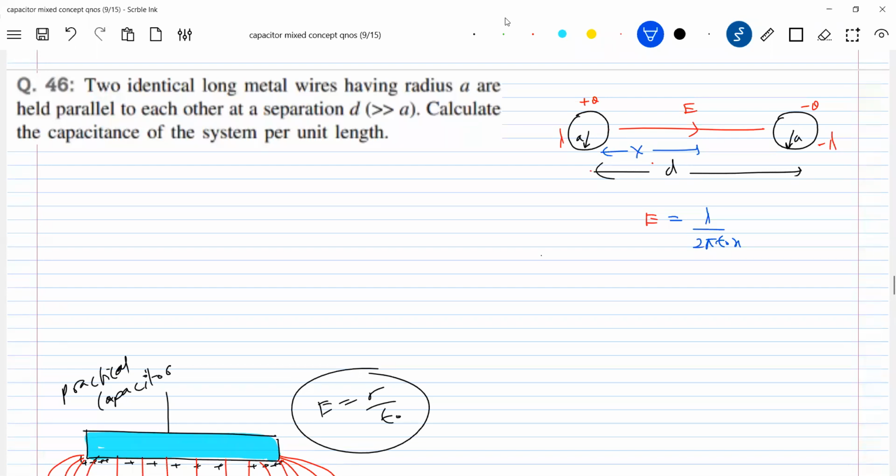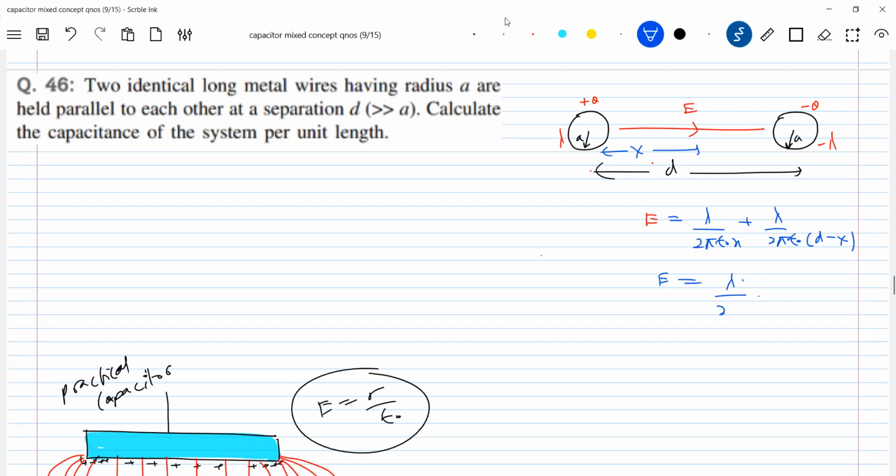But the field is due to both, no? So shall I say resultant field? Lambda by 2 pi epsilon naught (d minus x) will come from the other side. The total field you have to add up.